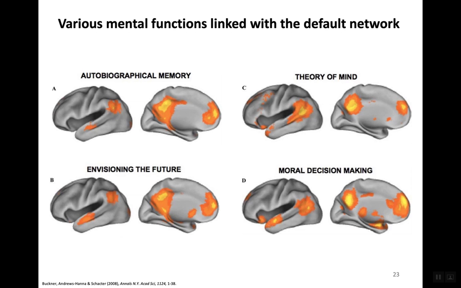To provide one final example, moral decision making also involves the default network. Whenever we try to pit against each other different decisions that find ground in, let's say, opposing or competing moral values, we engage this network.